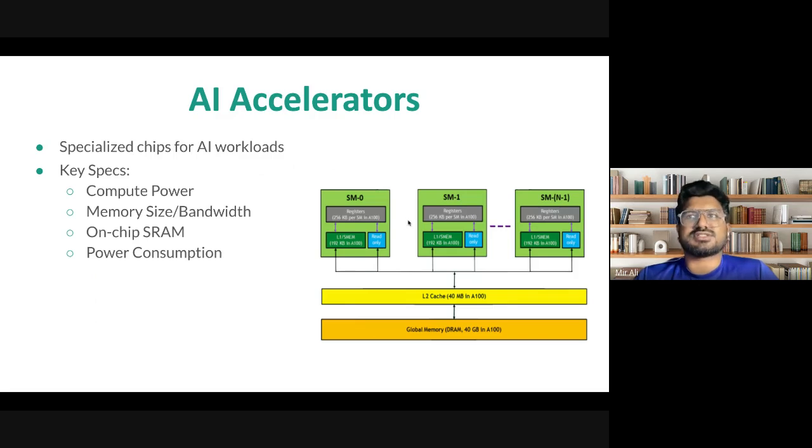This is a small architecture diagram of the A100 GPU, where we see that global memory is 40 GB. Next, which is closer to the streaming multiprocessors, is 40 MB. These are way faster compared to global memory. And then we have L1 caches, that is shared memory, and then there are read-only memories.